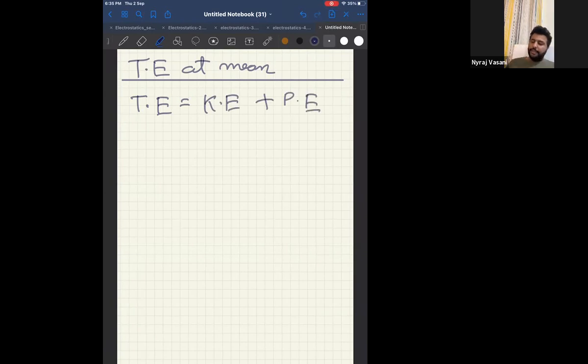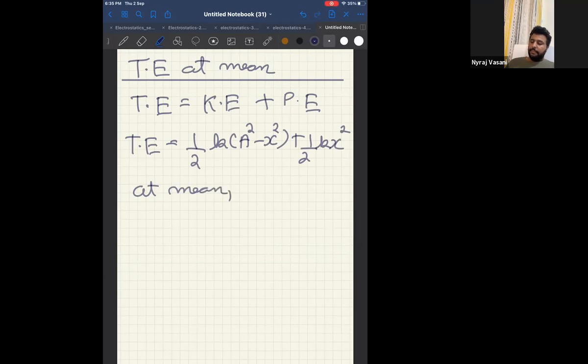Or can I say total energy is half k a square minus x square plus half k x square, correct? Now, can I say at mean x is equal to 0? Therefore, can I say total energy is equal to half k a square?